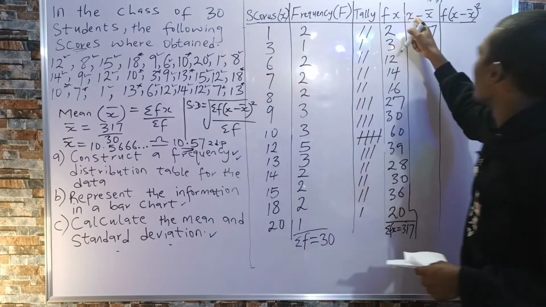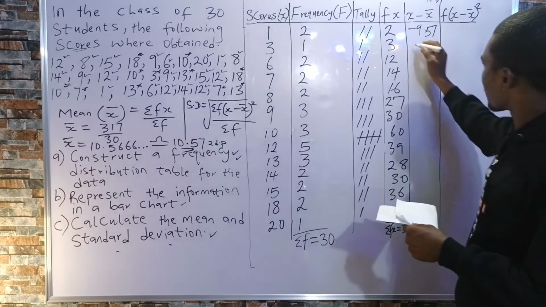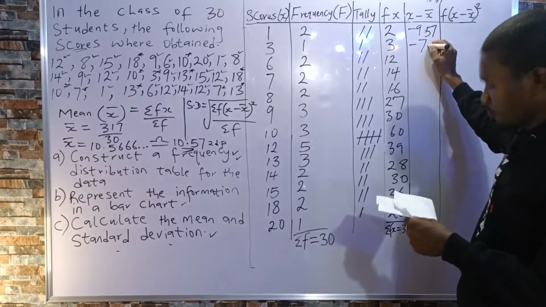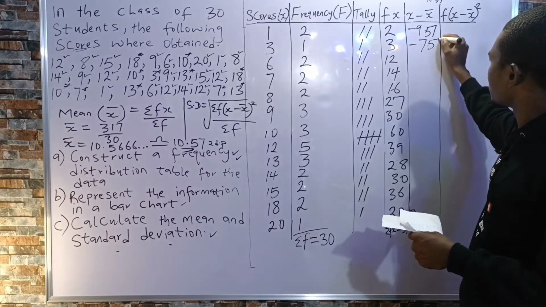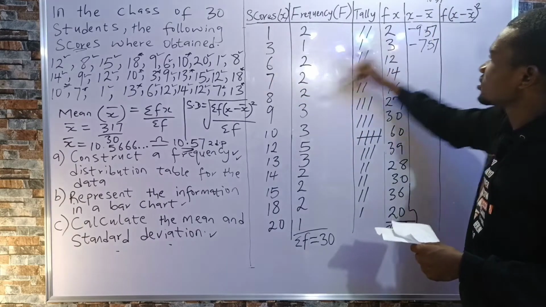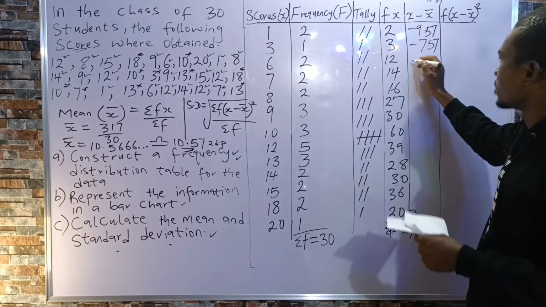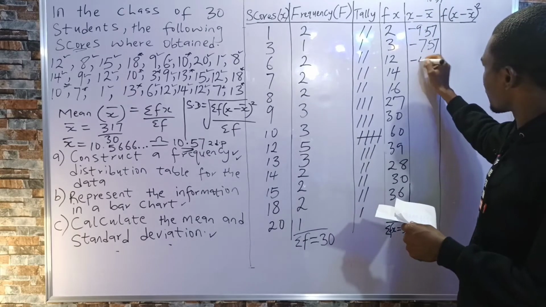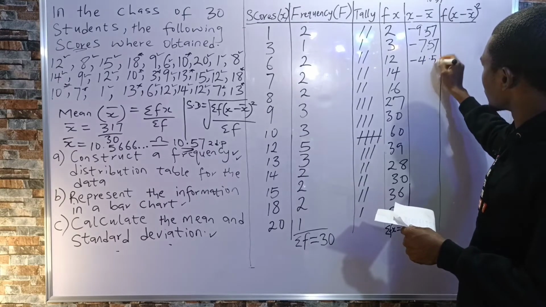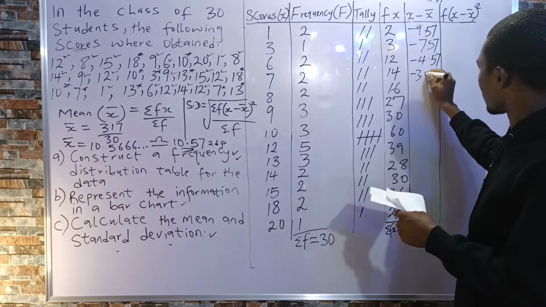So 3 minus our bar x, which is 10.57, we have the value negative 7.57. So the same thing is applicable to other ones. X is 6. 6 minus our bar x, which is 10.57, we will have negative 4.57. So the remaining scores are negative 3.57.